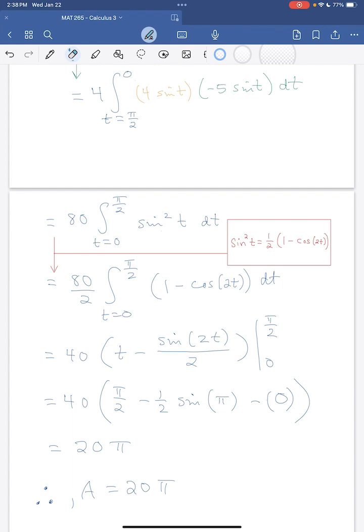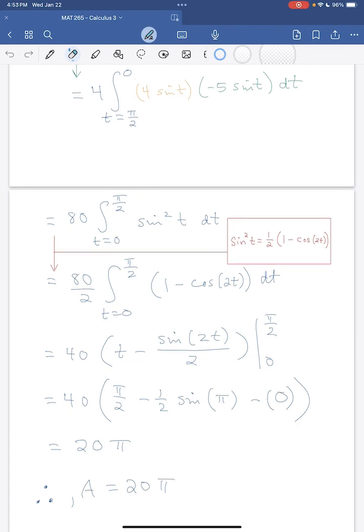And remember, probably from Calculus 2, if you need to integrate an even power of sine, as we have here, or of cosine, either one, then just use the half angle formula, which we have here. And so that gets us here. And then from there, it's just a regular old evaluation of a definite integral, so I'll let y'all do that. So we end up with an area of 20 pi.